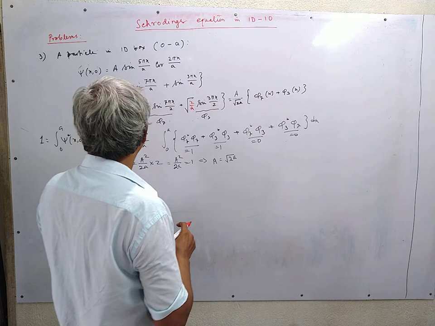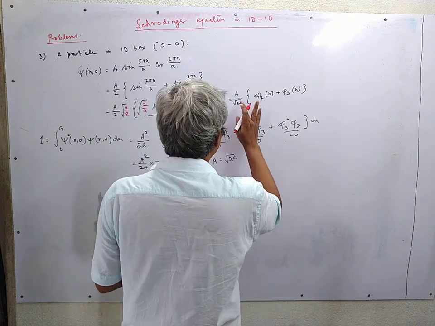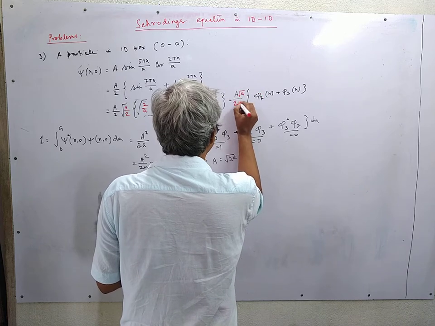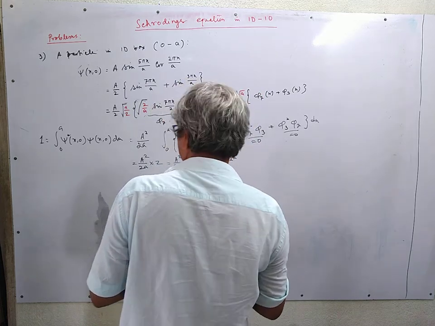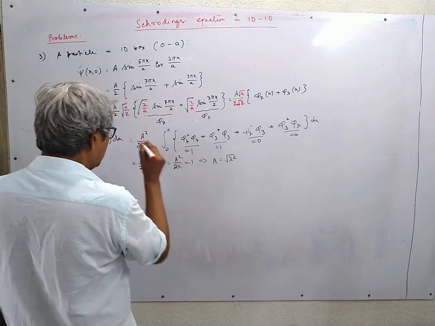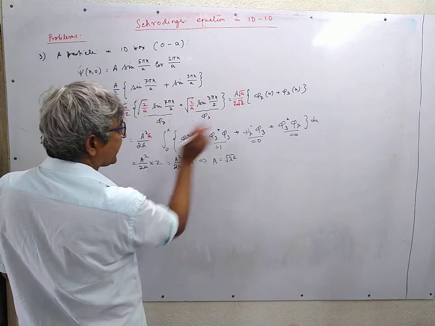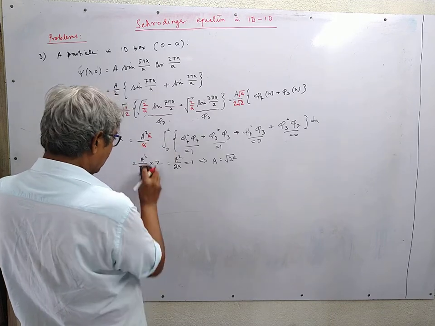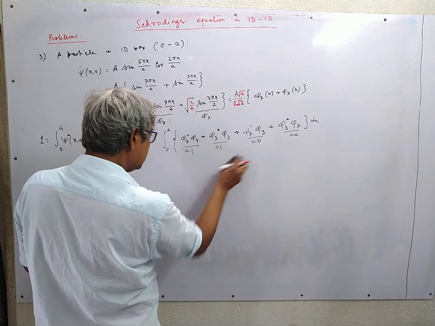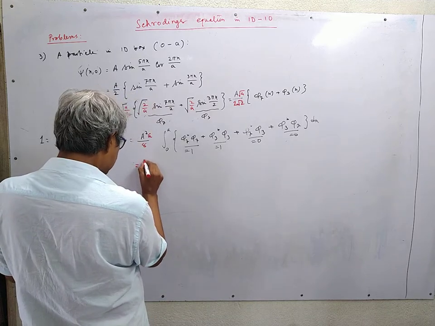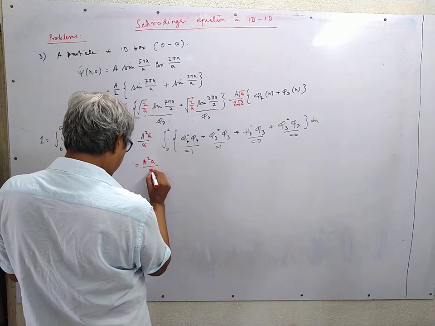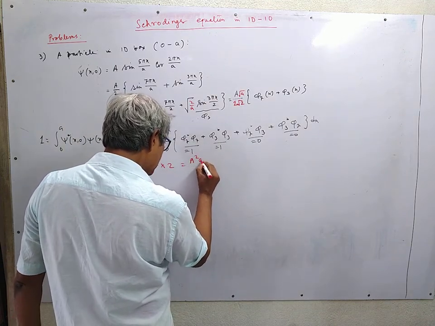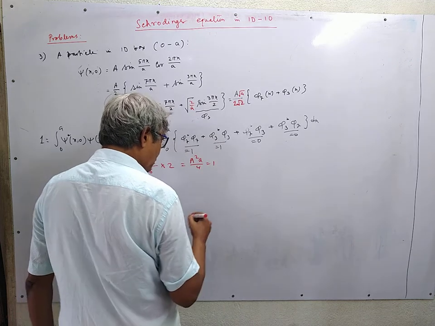So this factor will be A root a by 2 root 2. So when we normalize it, it will be A into A, and denominator it will have 8. So this part will be A square a, 8 into 2. So this is A square a by 4 is equal to 1.